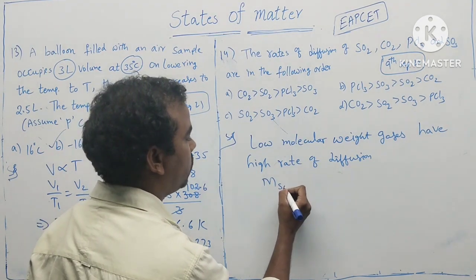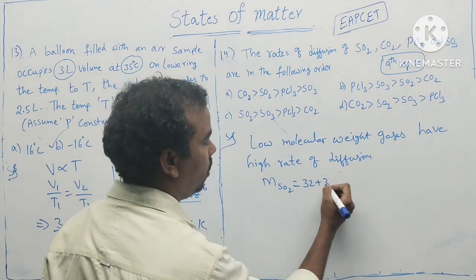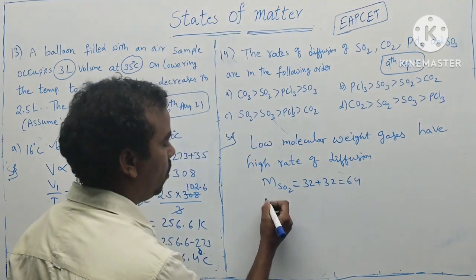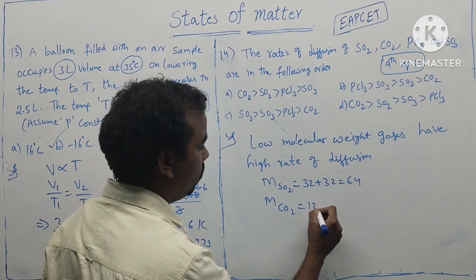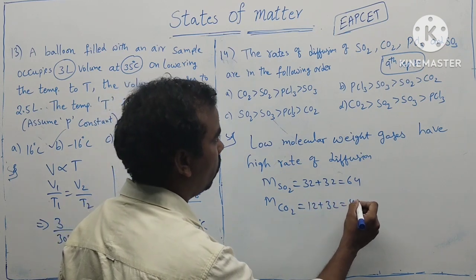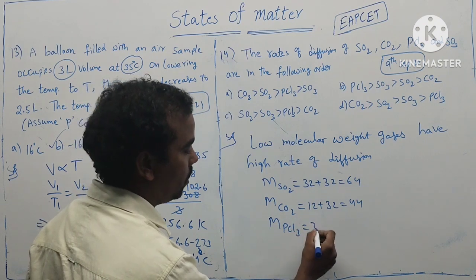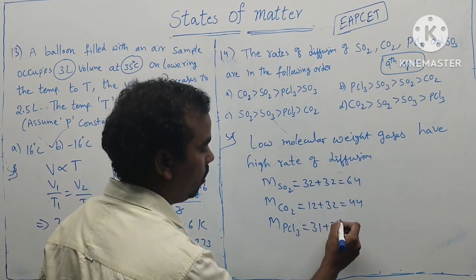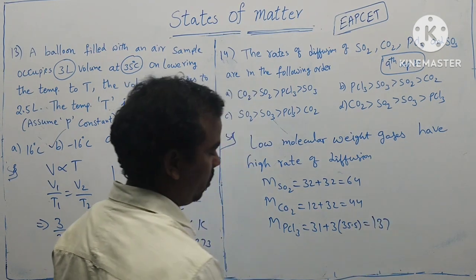So molecular weight of SO2: sulfur 32 plus 16 into 2 is 64. Next, molecular weight of CO2: carbon 12 plus 32, 44. Next PCl3: phosphorus 31, chlorine each 35.5, so total nearly 137.